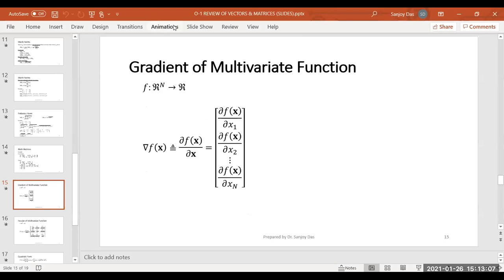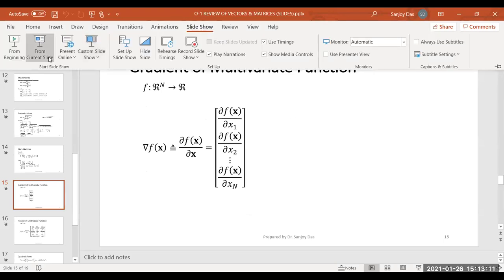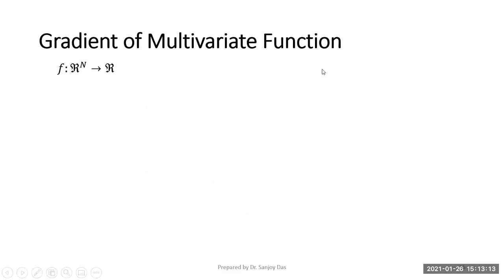Gradient of a multivariate function. We have some function which accepts N-dimensional vectors as arguments, and then it produces a scalar. That's why we call it a multivariate function. It's a function of multiple scalar variables, which is the same thing as a function of a vector.